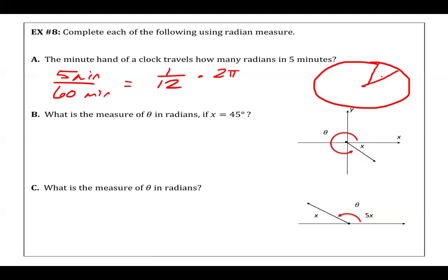Does that make sense? So in terms of radians, I've only traveled 1/12 of 2 pi. And of means I'm doing what mathematically? Multiplying. So I'm only a fraction of this has traveled. So therefore it's 1/12 of 2 pi, which equals pi over 6. So I've traveled pi over 6 radians in that time.